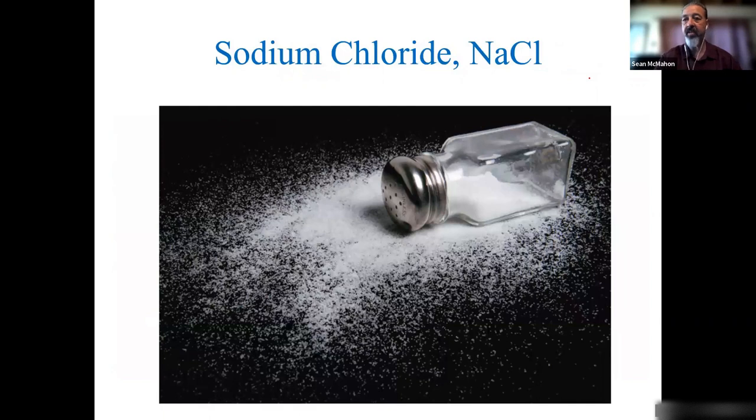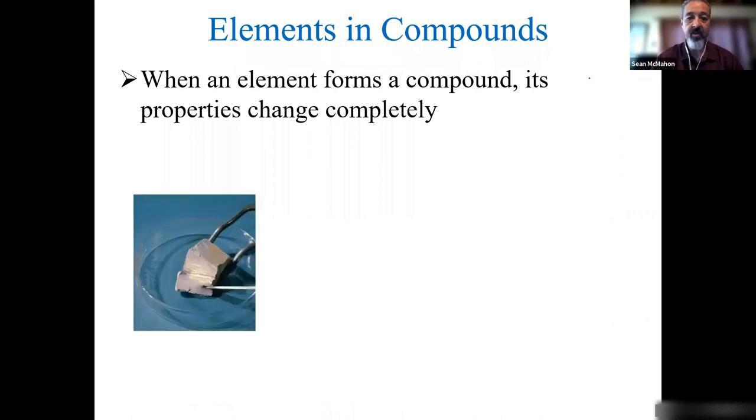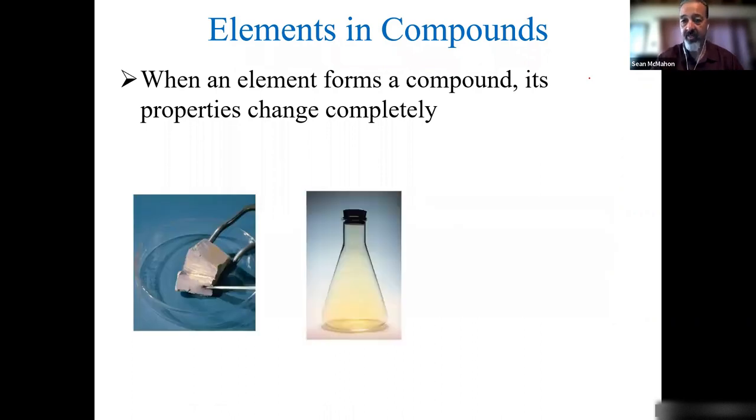And when you put them together, you make table salt, sodium chloride, what we throw on our French fries. I always think it's really interesting how the individual elements have these cautionary properties, yet combined, we use them as a seasoning. So the properties change completely.